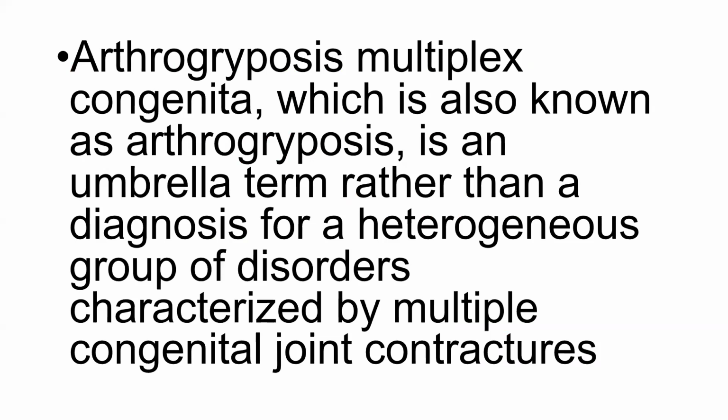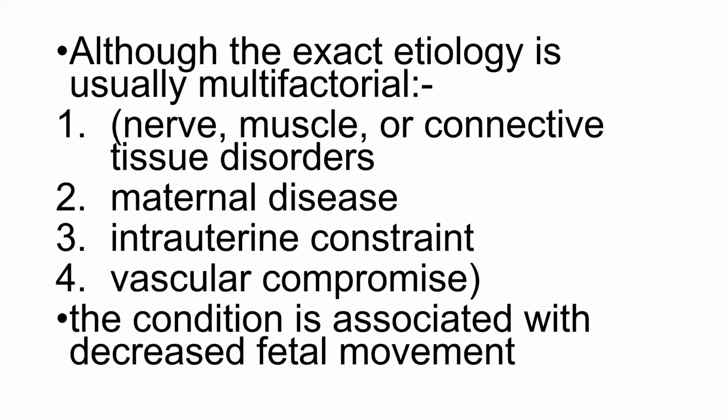Although the exact etiology is not known, it's usually multifactorial. The problem is in the nerves, in the muscle, connective tissue disorders. Is it maternal? Does the mother have a maternal disease?